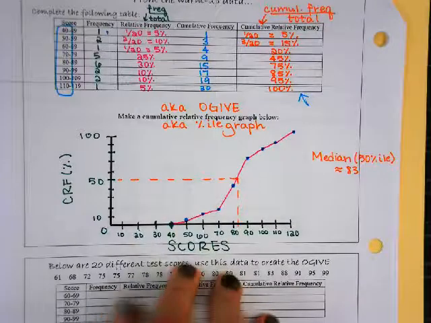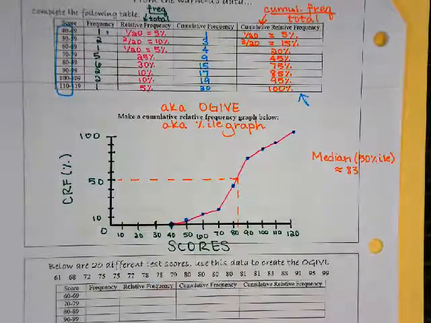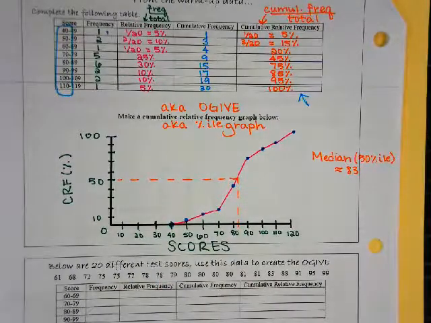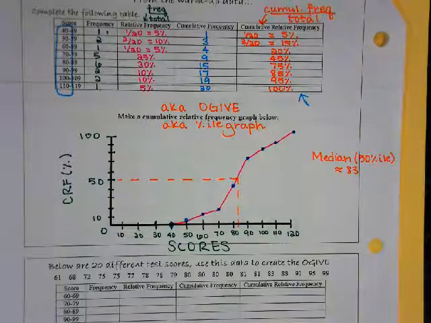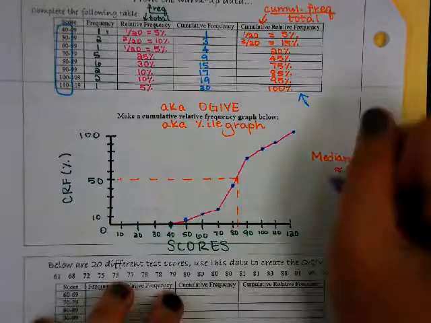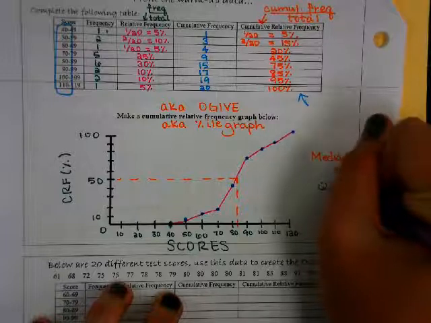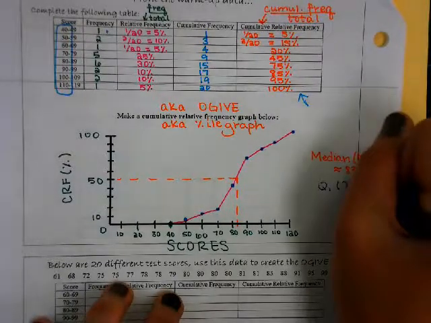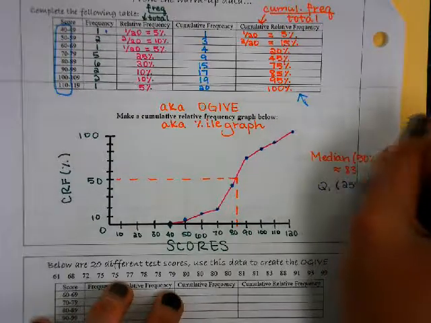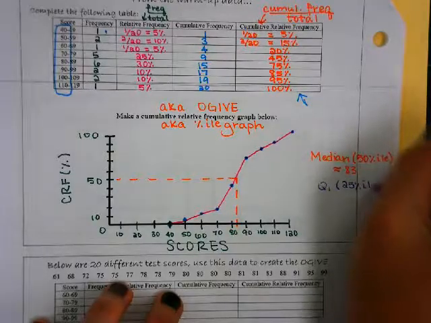Then we could do the same thing for our Q1 and our Q3. Q1, remember that gives you the first 25% of the data when you're breaking it into quartiles. So Q1's the 25th percentile.